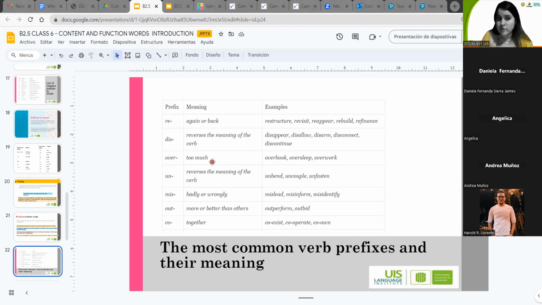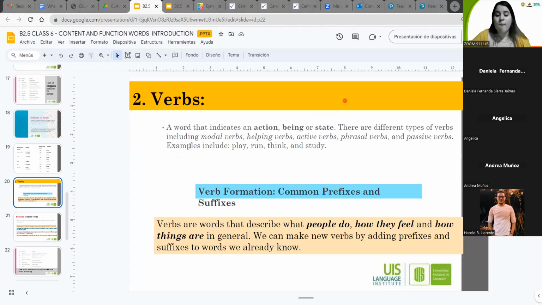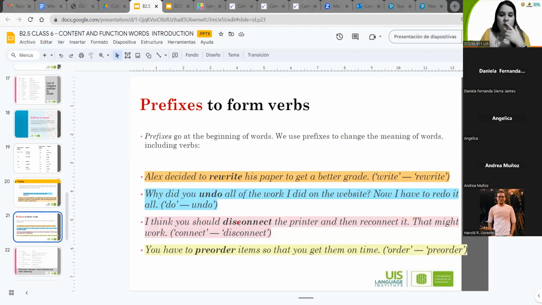All of these are verbs. Okay. So we use prefixes to form new verbs from verbs. Utilizamos estos prefijos para formar otros verbos o nuevos verbos de estos mismos verbos, right?